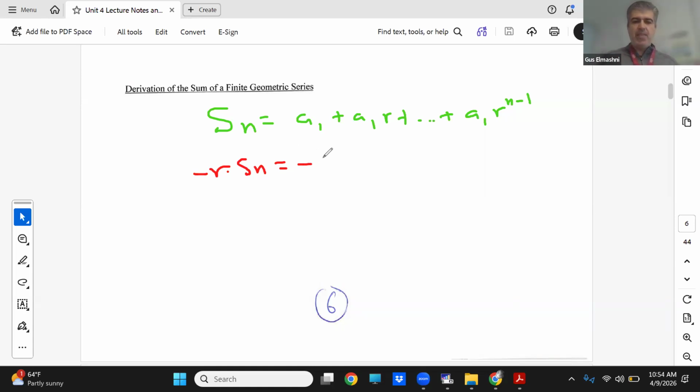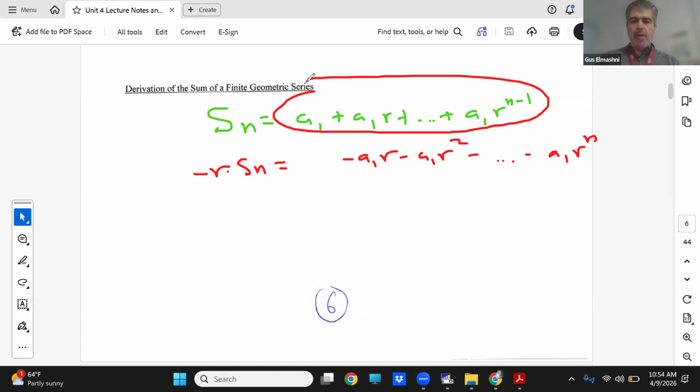That's going to be negative A1R, negative, and let me line it up also, minus A1R squared, minus dot dot dot, A1R to the n power. So what you're doing is you're multiplying each of these by R, sorry, by negative R.